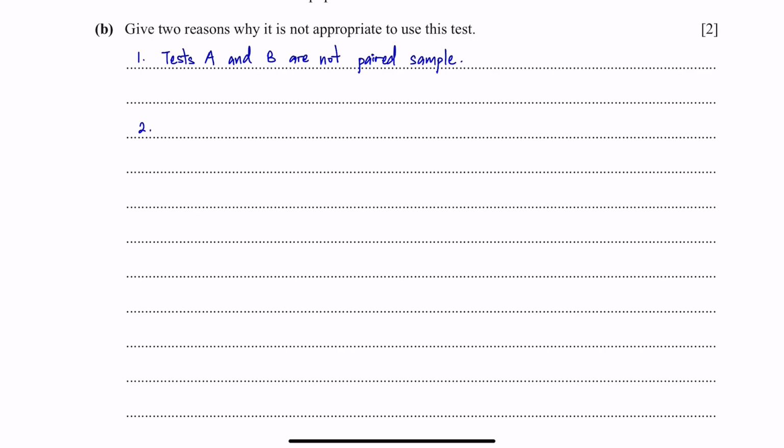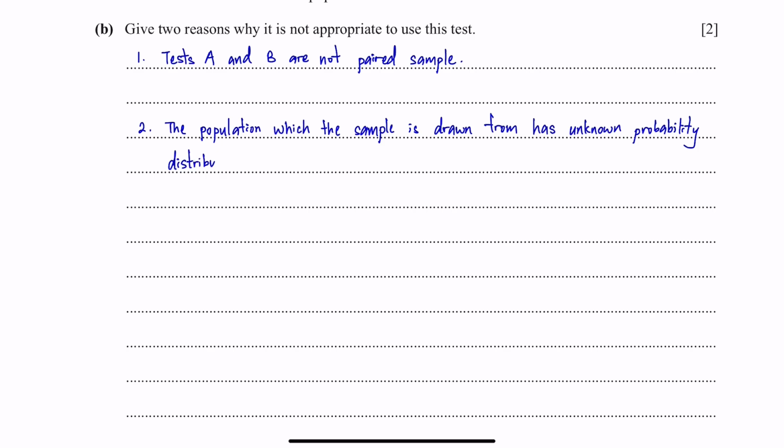So the second reason can be the population which the sample is drawn from has a known probability distribution. And that is why we are using non-parametric tests instead of the t-test.